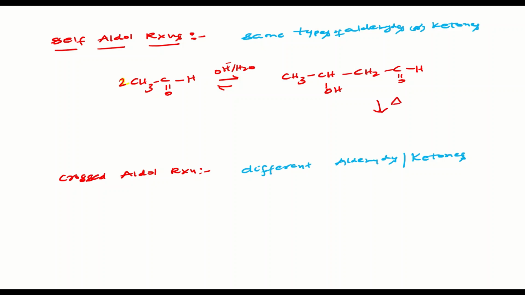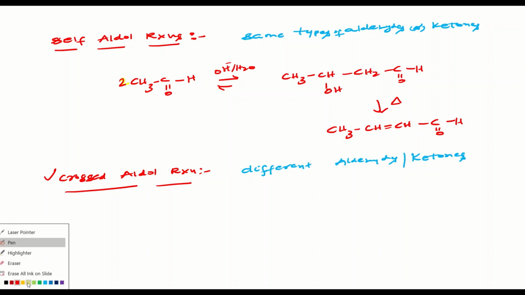Further, at very high temperature, this will undergo dehydration to give CH3CH=CHCHO. I'm not going to discuss the cross-aldol reaction right now; I'll add one more video for that specially, because we can have various reactions to discuss. So what is the mechanism involved in the self-aldol reaction or condensation?